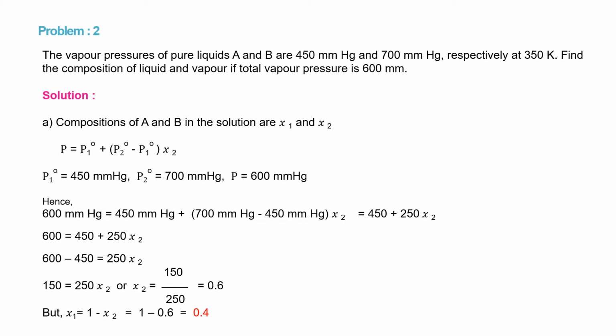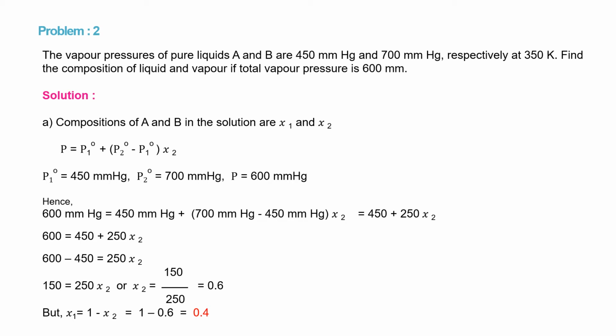In this sum we have to find the composition of the liquid, that is, X2 as well as X1. So first we find X2, then we find X1. So 600 is equal to 450 plus 250 into X2.